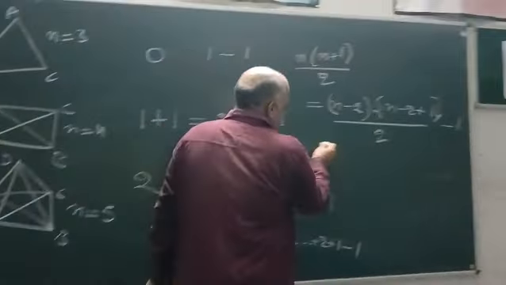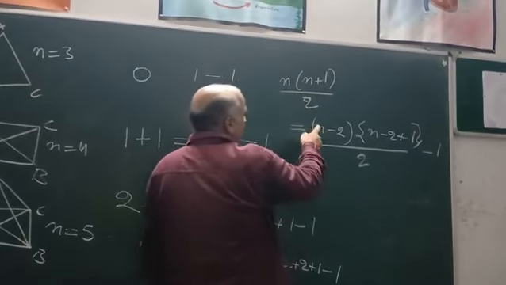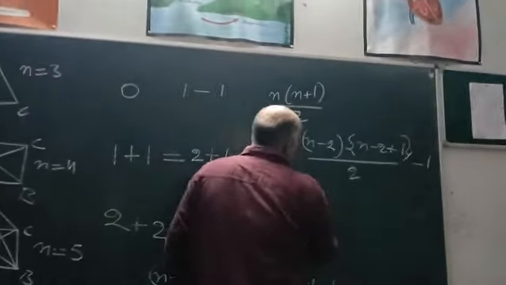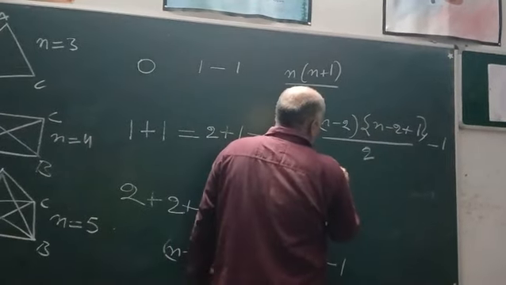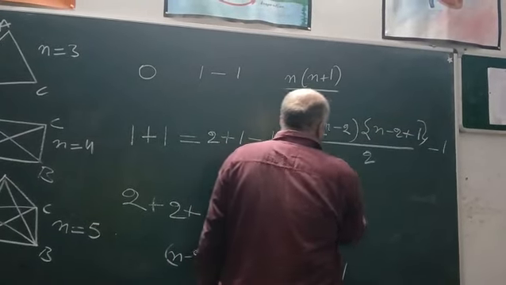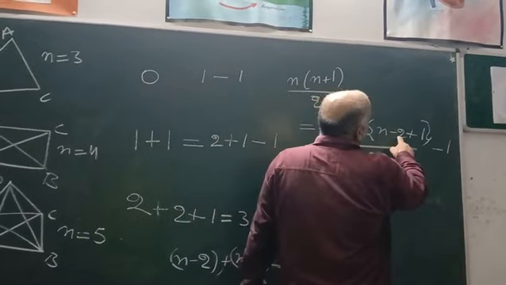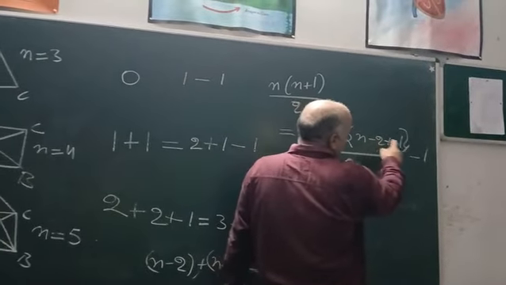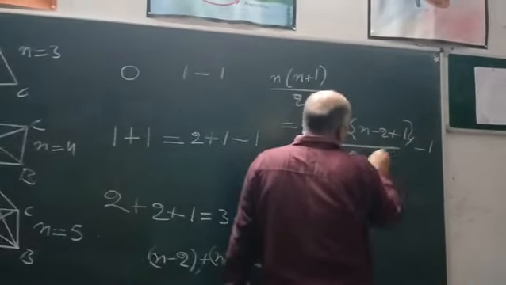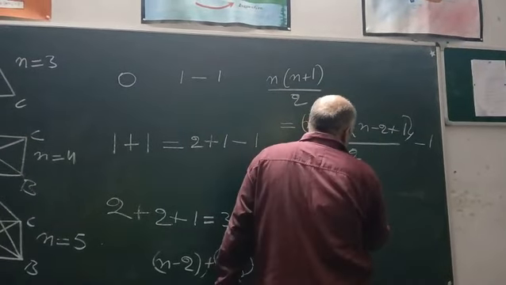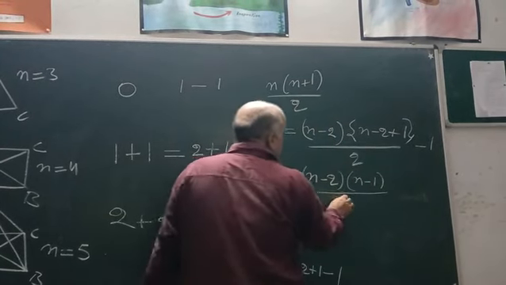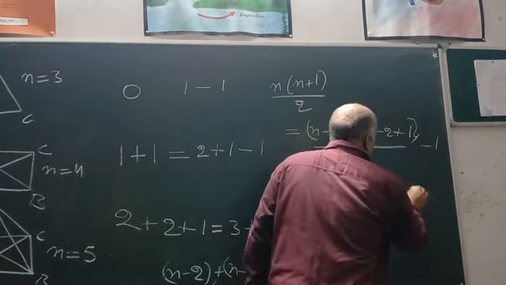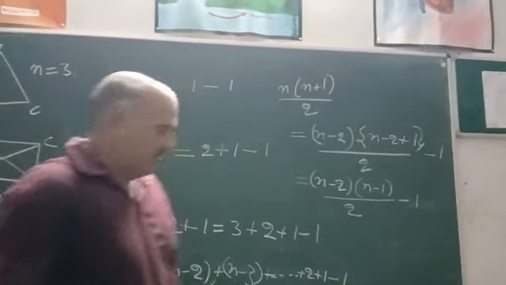Now solve this expression: n minus 2 whole into n minus 2 plus 1, which gives you minus 1, so it will become n minus 1 upon 2, minus 1.